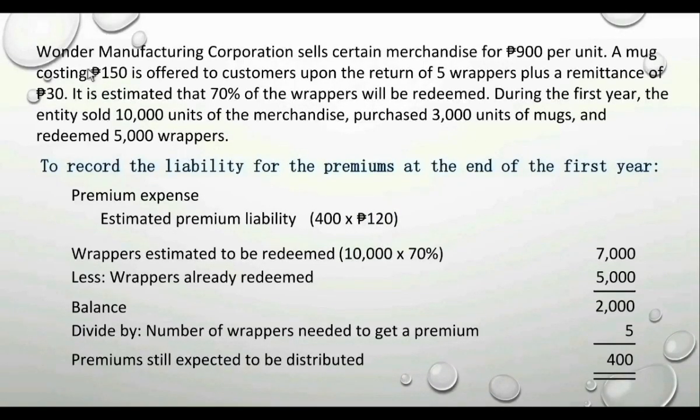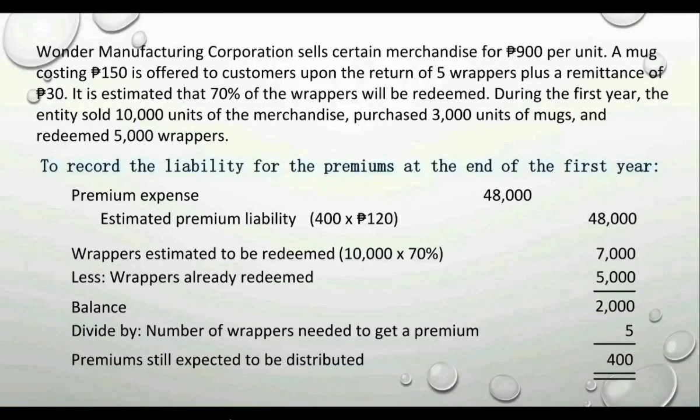That is 150 purchase cost minus 30 pesos amount of remittance from customer equals 48,000 debit to premium expense and credit to estimated premium liability.